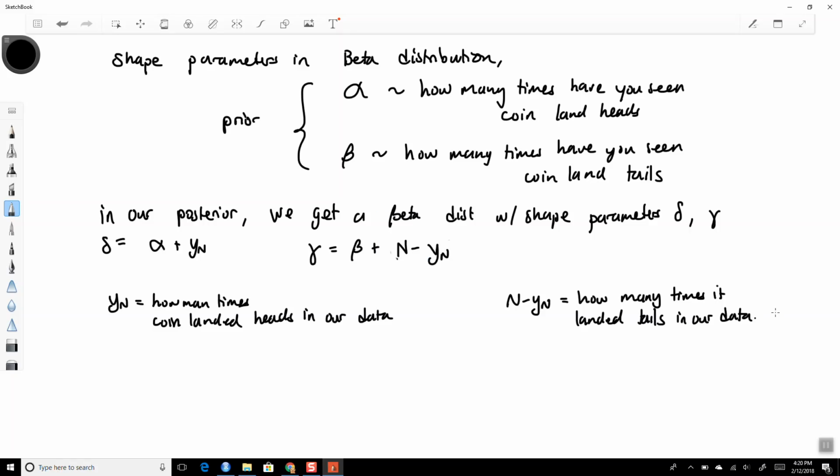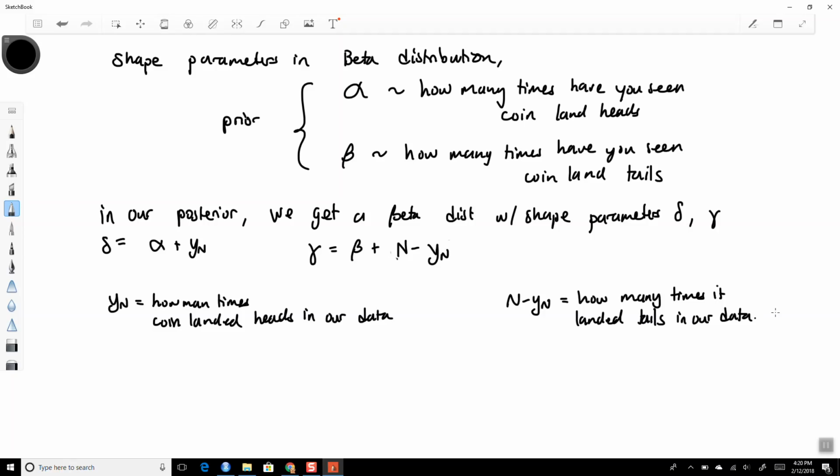So the updated shape parameters are effectively just how many times total we have seen the coin land heads if we combine our prior number of coin flips with our current data coin flips. If our prior distribution was centered around 0.5 using shape parameters 5 and 5, it's basically saying my prior feelings are that I've seen it land heads 5 times and tails 5 times.